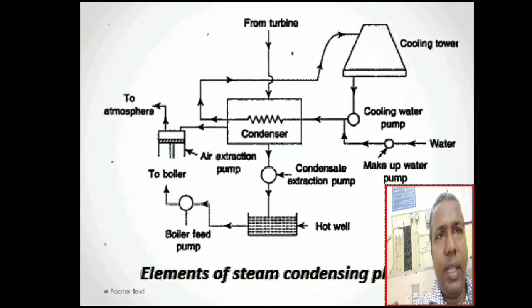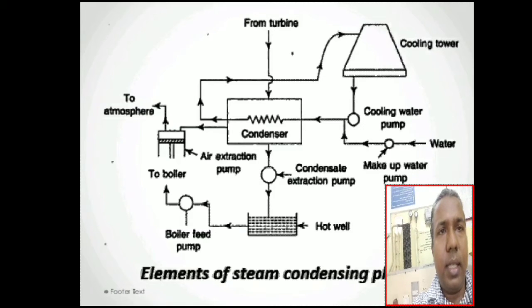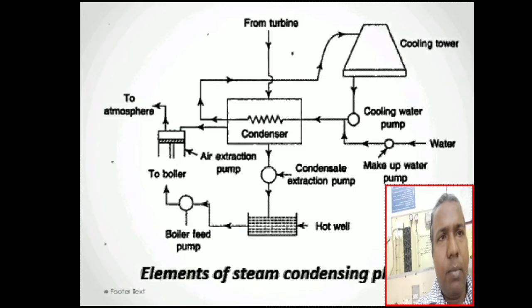In this figure, starting from the turbine, steam enters into the turbine. The turbine blades rotate. After rotation, the steam is passed to the condenser. In the condenser, the steam gets condensed by using the external cooling water provided from the cooling tower.